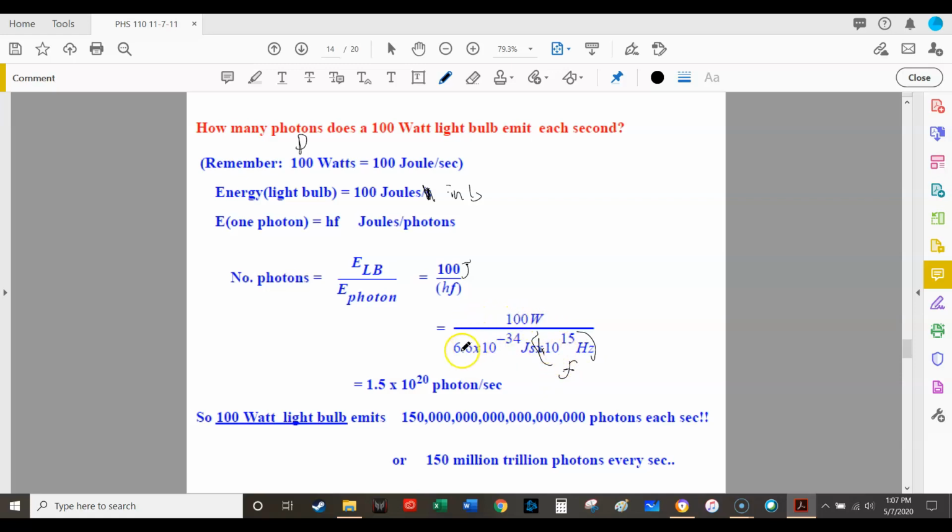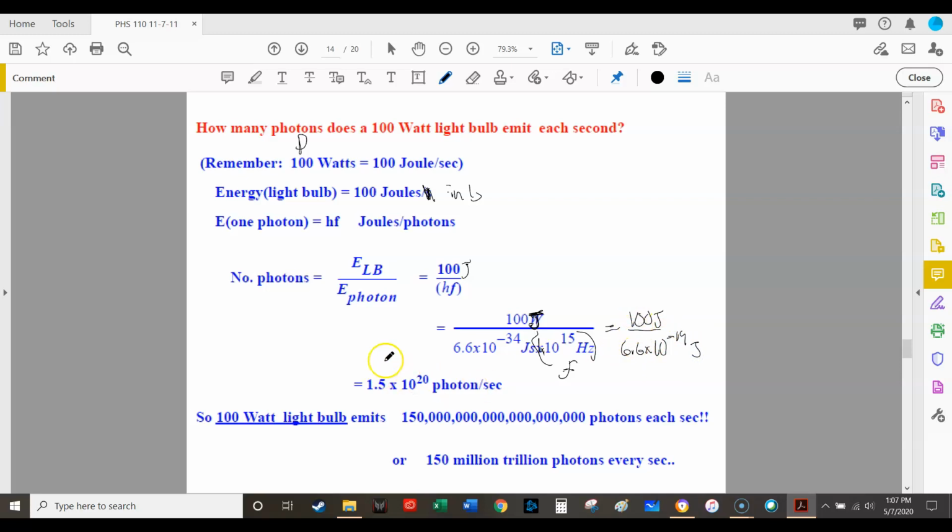So 100 joules over 6.6 times 10 to the negative 34th times 1 times 10 to the 15th, which is 6.6 times 10 to the negative 34 plus 15, so minus 19th joules, right?